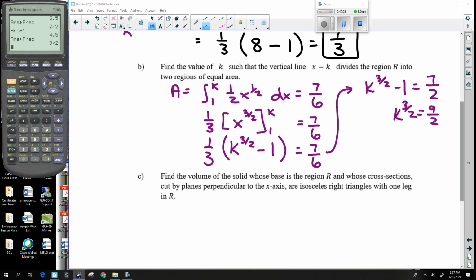And then I need to square this and cube root this. So k is going to be equal to 9/2 to the 2/3, whatever that is. I'm not really that interested in it, but it should be a number between 1 and 4 if I've done everything correctly. So let's just check it out.